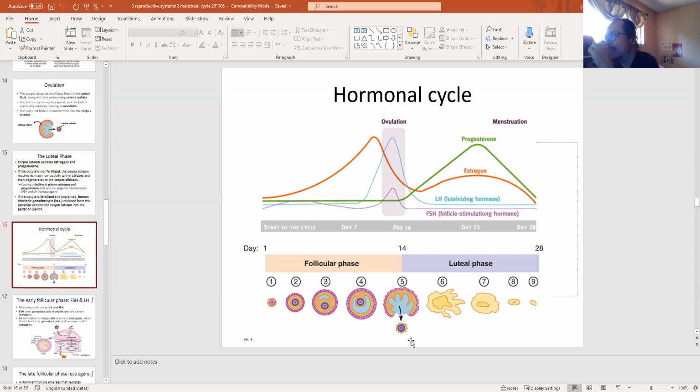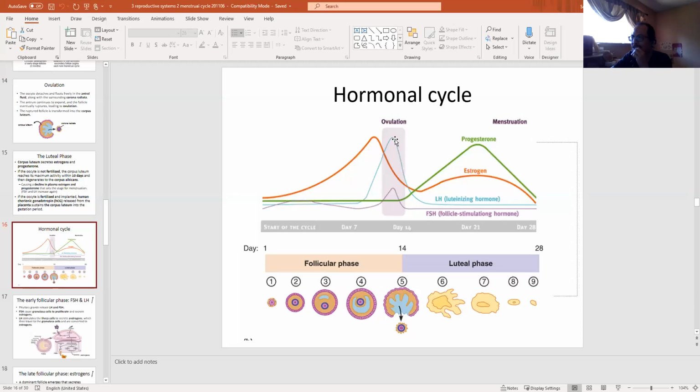And once the oocyte is released, this portion will turn into the corpus luteum. Once they turn into the corpus luteum, their production of estrogen will drop. And when it drops, this revenge will very quickly return back to the lower level. So that is like the revenge, and then estrogen drops, then this revenge ends.